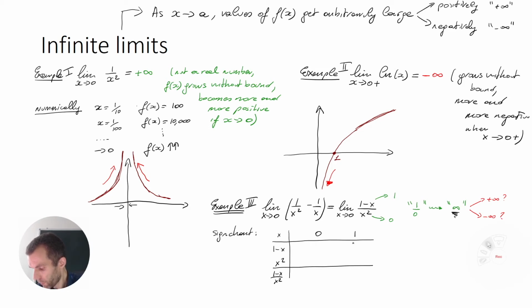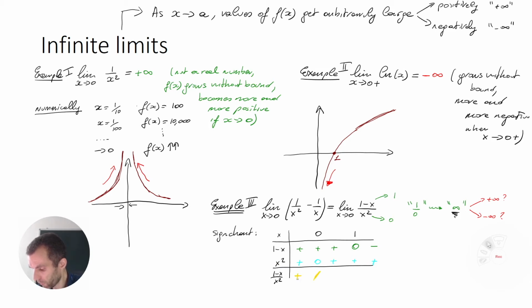For the numerator, 1 minus x is 0 at x equals 1, and the function is positive to the left and negative to the right. And x squared is 0 for x is 0, and is positive everywhere else. For the quotient, at x equals 0 we're dividing by 0, so the function is not defined.